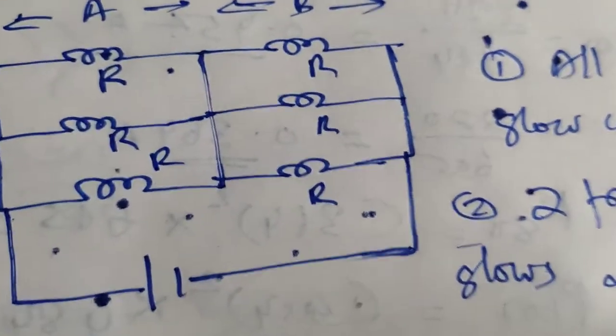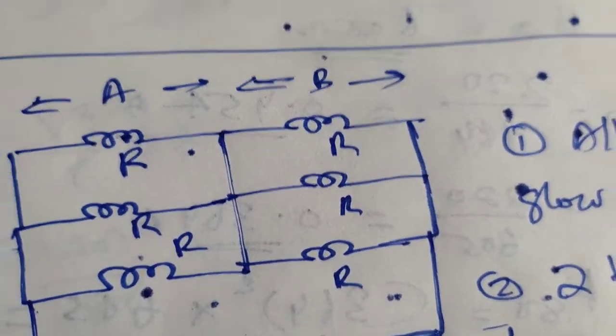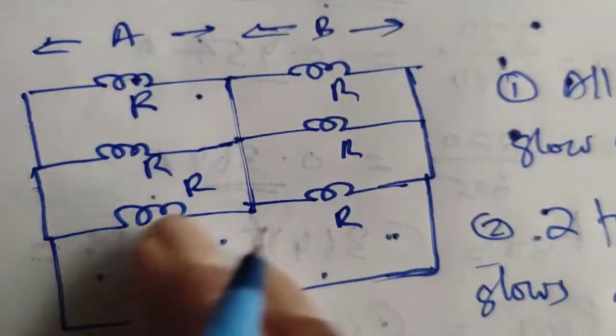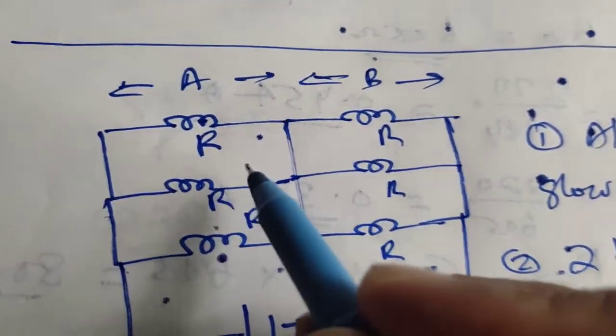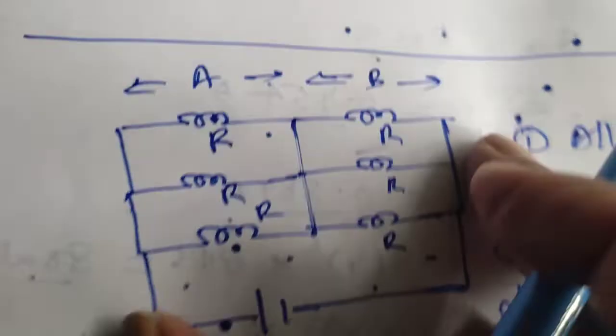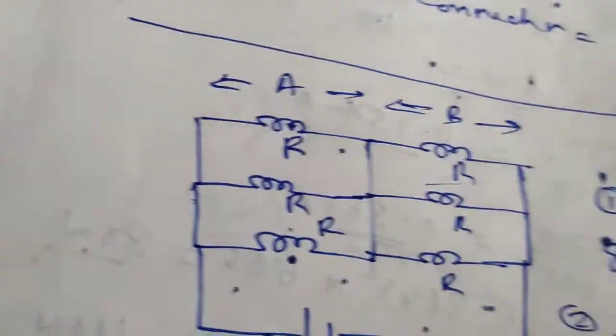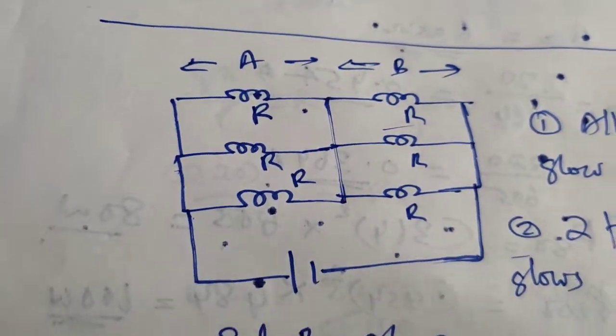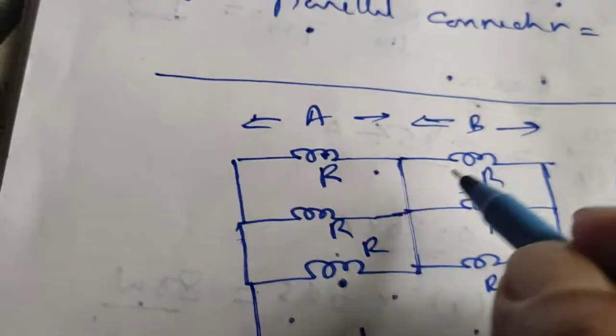The question is like this. So what is here? See, all bulbs glow means current will be passing through all the resistances.